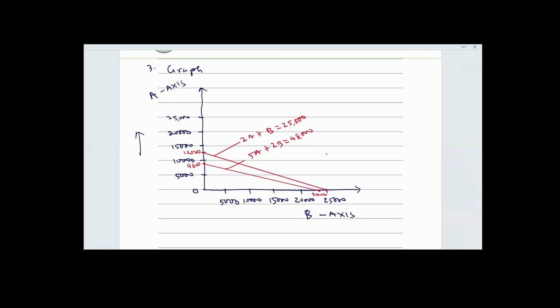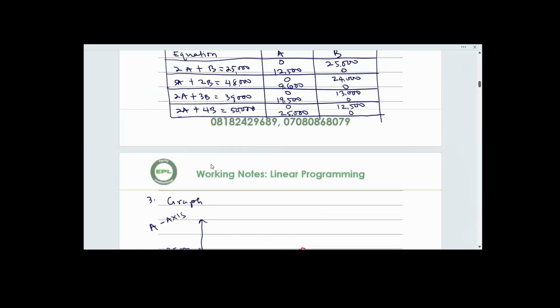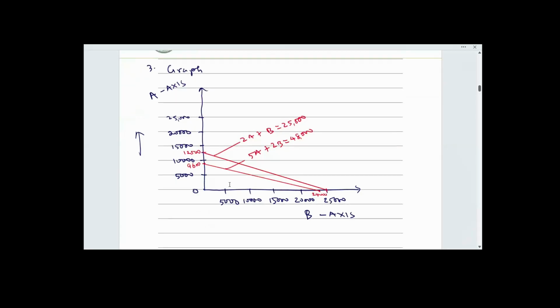The next one, equation 3. 19.5, then 13,000. 19.5 should be somewhere here. Below 20,000. 13,000. Let's say somewhere here.